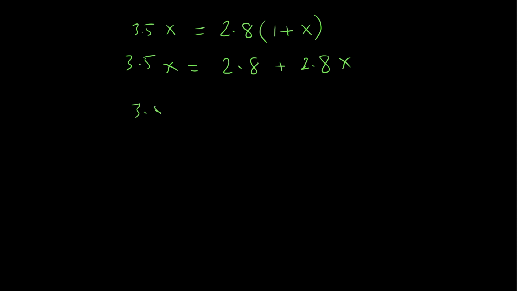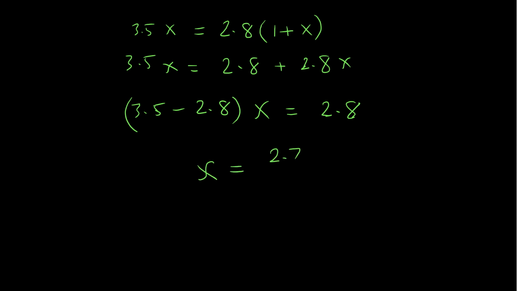That's (3.5 minus 2.8) x equals 2.8, and x will be 2.8 divided by 0.7. Doing that, it gives me 4 meters.